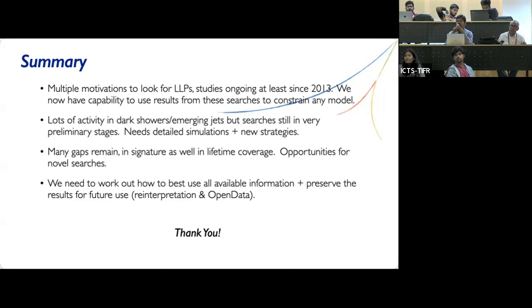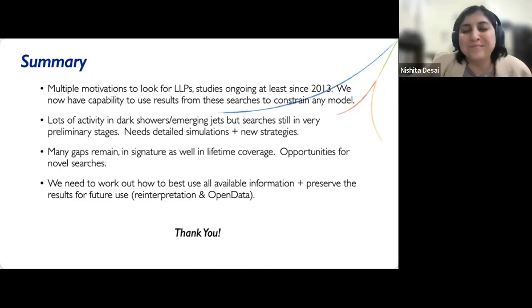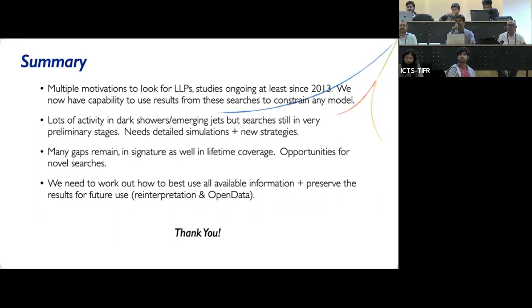I just wanted to comment that if you have a FIMP-like model where a neutral heavy mediator is decaying to dark matter, that decay can also escape the detector and give rise to the missing transverse momentum and missing energy. So the boxes and the connections that you did just had that one link missing.